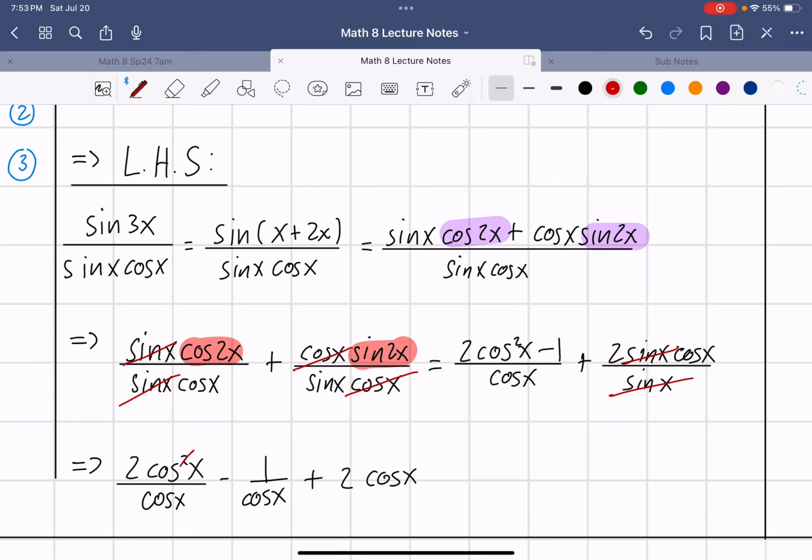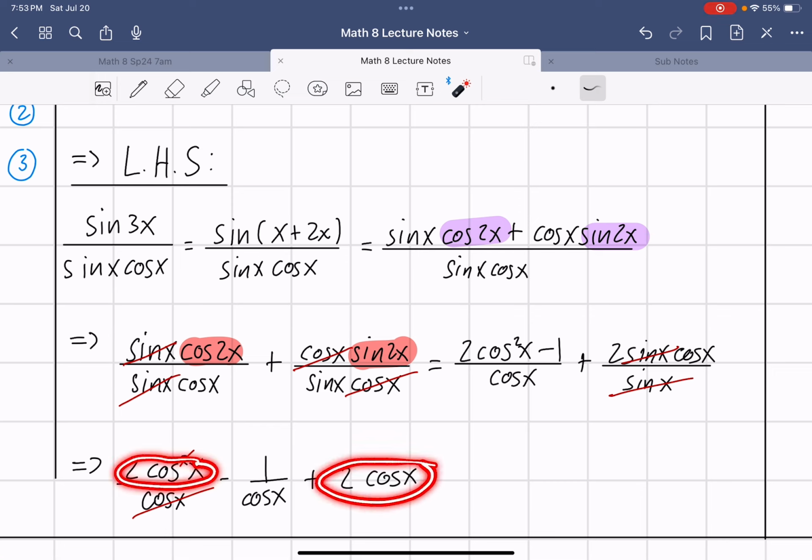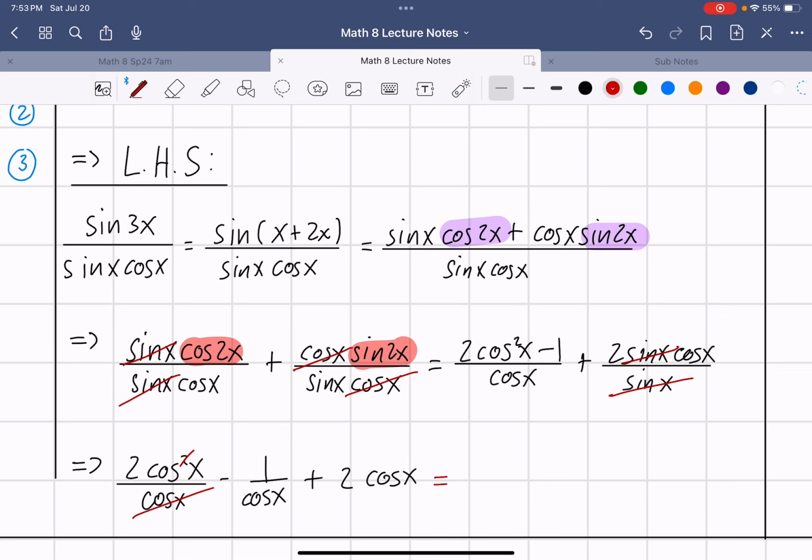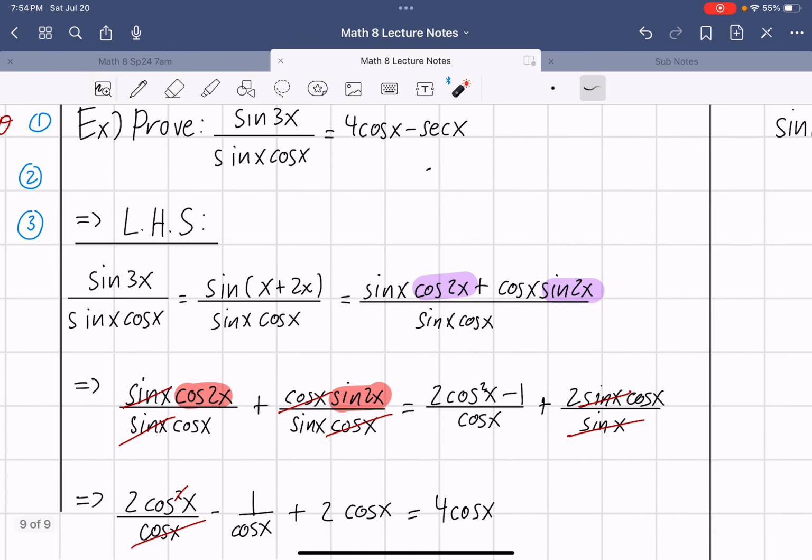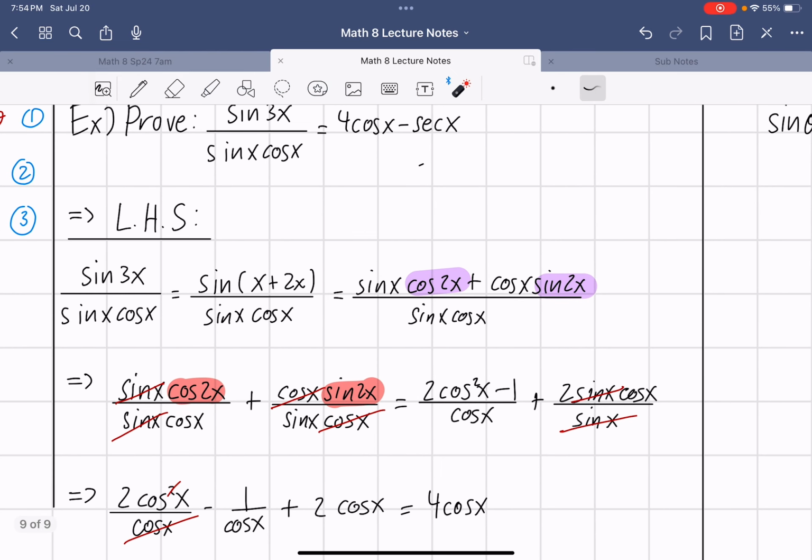This allows me to simplify one of the cosines. And then I have 2 cosine plus 2 cosine. That's going to help me simplify to 4 cosine of x. And I have this 1 minus 1 over, negative 1 over cosine of x, which at one point you want to start looking back at what we were trying to get to, right?